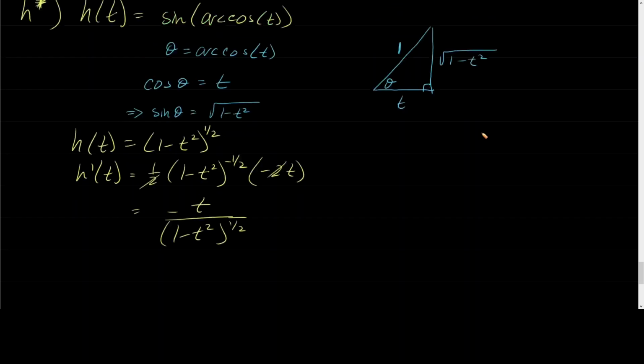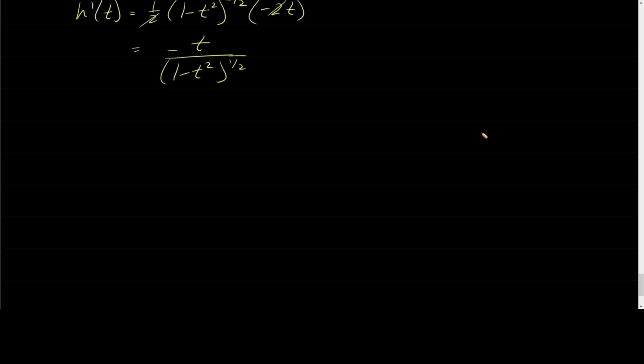Next one. Perhaps I'll do one more like this. So let's say that I have f of x is equal to tangent of cosecant inverse of, I don't know, let's do 3x squared.